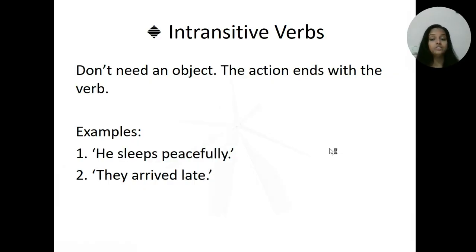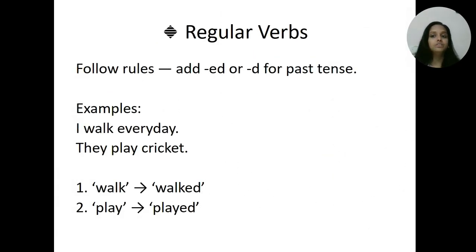The next ones are regular verbs. These verbs are very important because they follow a set of rules when changing into past tense or past participle. Usually we just add ed or d at the end in order to make it past tense or past participle. So this makes them predictable and easy to learn. That's why we call them regular verbs.